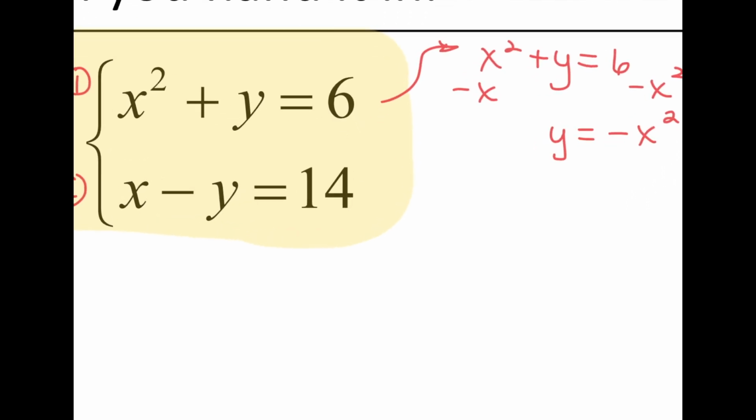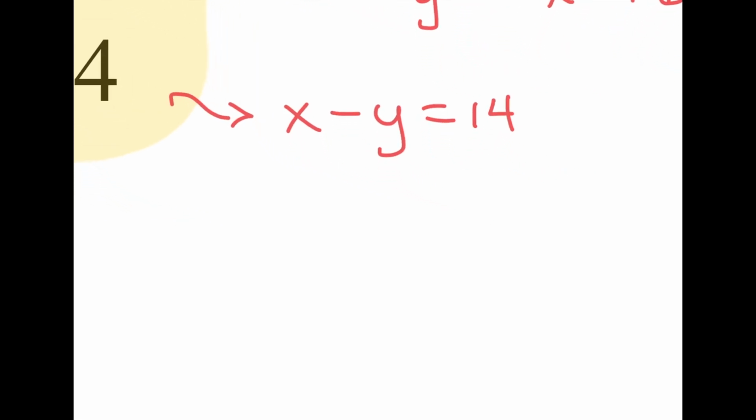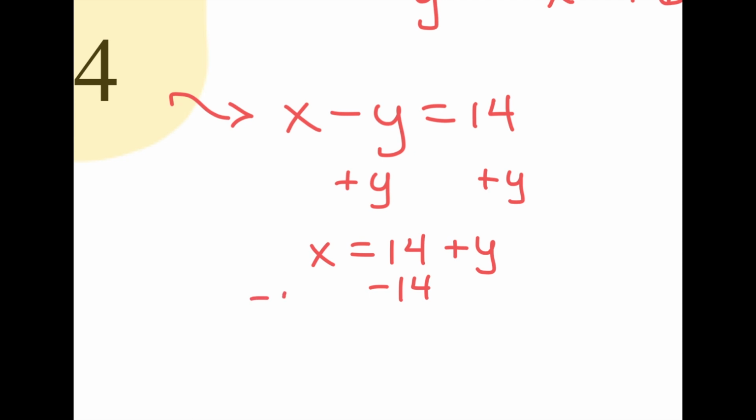The next equation here, x minus y equals 14. I like to keep my y positive, so I'm actually going to start by adding y to both sides. That may sound a little counterintuitive, x equals 14 plus y, and then subtract 14 from both sides.